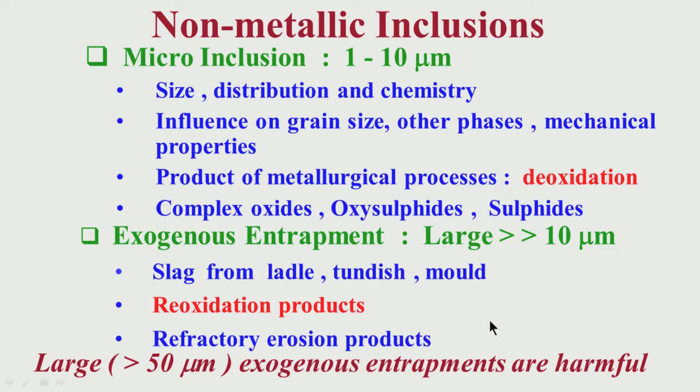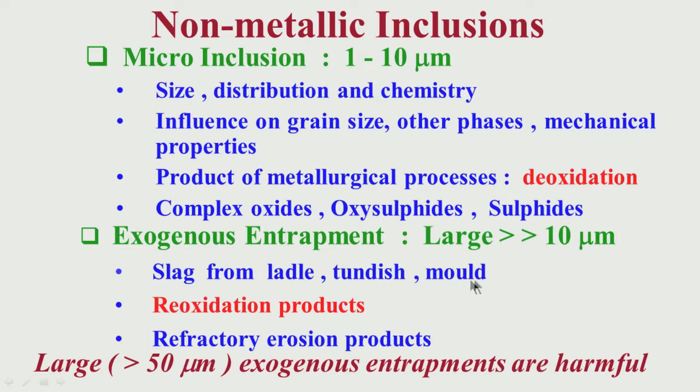Then there may be refractory erosion products. That means erosion products from the refractory lining of the metallurgical vessels, say the ladle or the tundish. So, there are refractory linings in all of these metallurgical vessels. So, the refractory erosion products are also part of the exogenous entrapments.